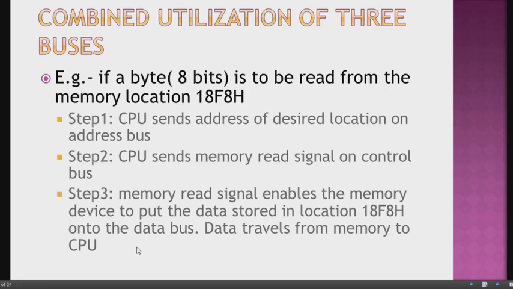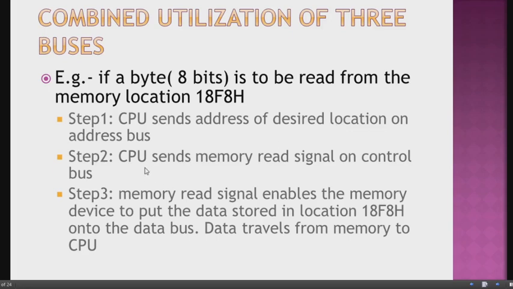So in this way, the data read will be done. While writing the data, again similar types of steps are performed. Can you identify those steps? Yes. First of all, the memory location to which the CPU has to write the data is sent on the address bus.